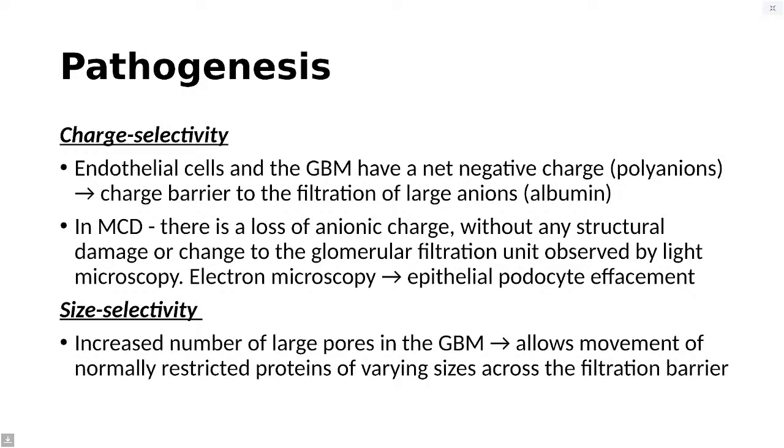In MCD, there is a loss of anionic charge without any structural damage or change to the glomerular filtration unit observed by light microscopy. Electron microscopy shows epithelial podocyte effacement.